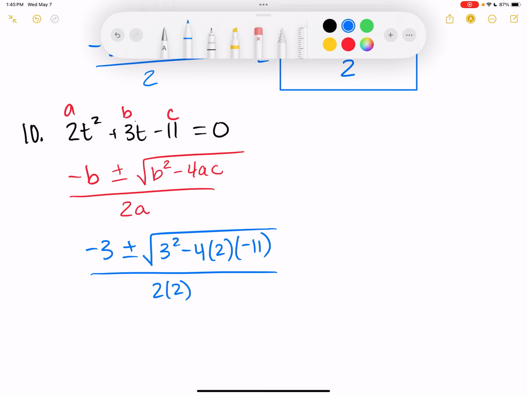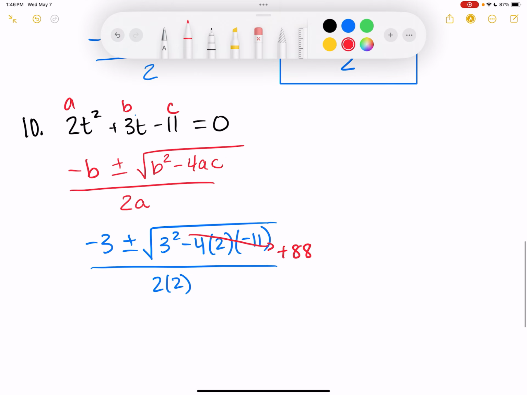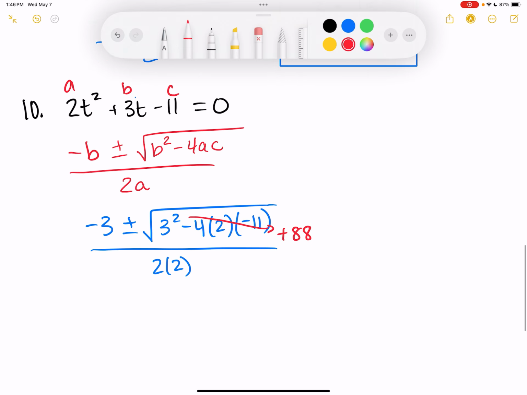What's negative 4 times 2 times negative 11? Yep, positive 88. And I don't mind if you put a little line through it and show what that's equal to there so that you save a step of writing, because obviously I know these get a little lengthy.